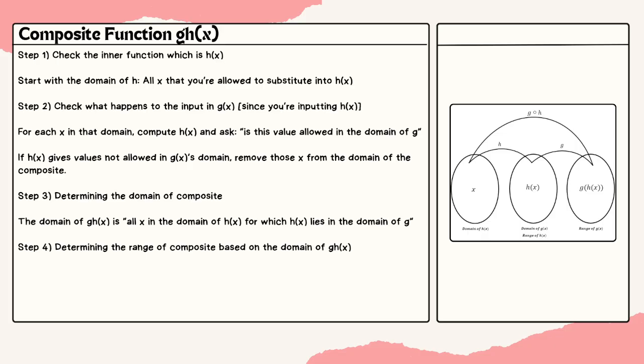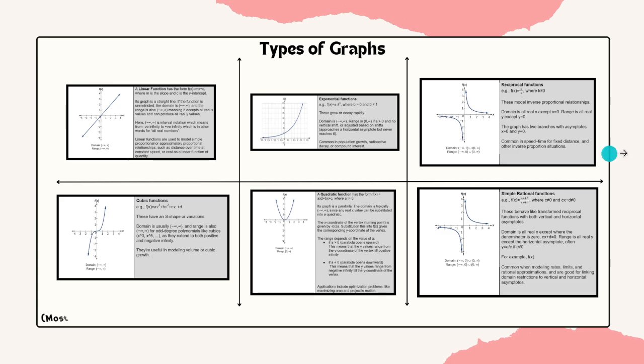So in those cases, you would have to make gh of x into completing the square form, and only then can you take the inverse of it. Yeah, that's a good point as well. That'll really help you.